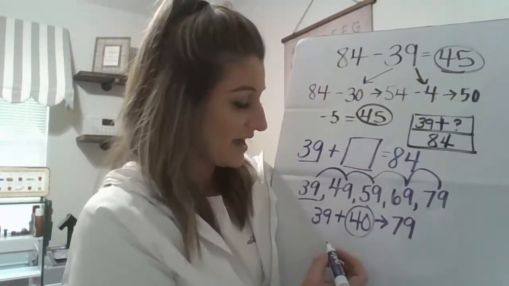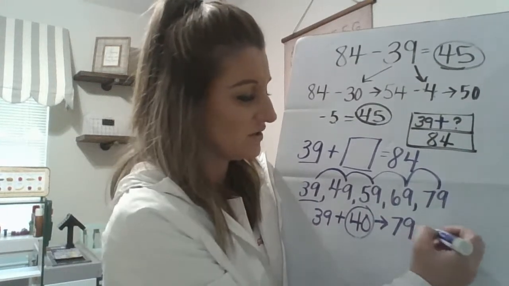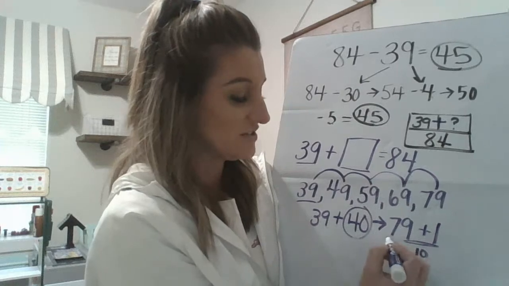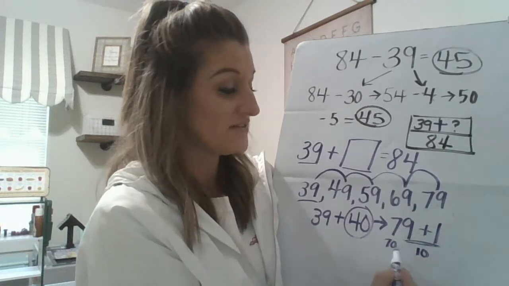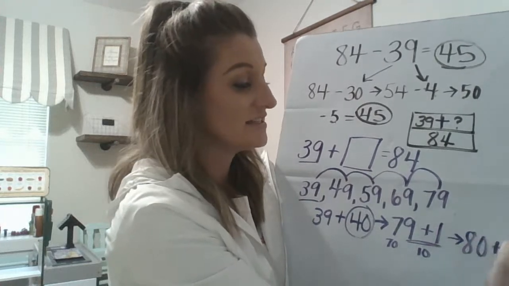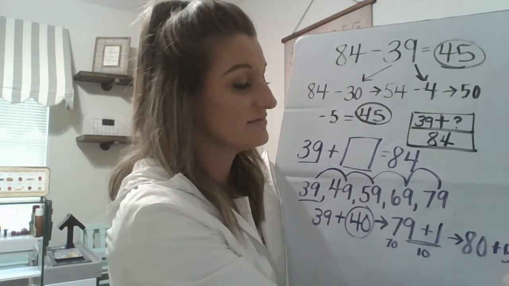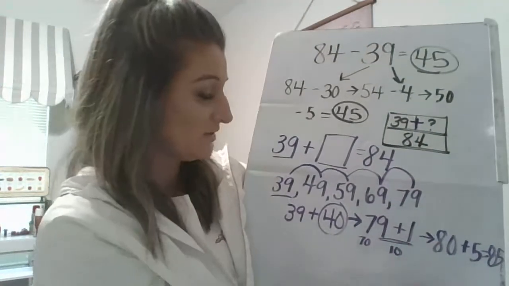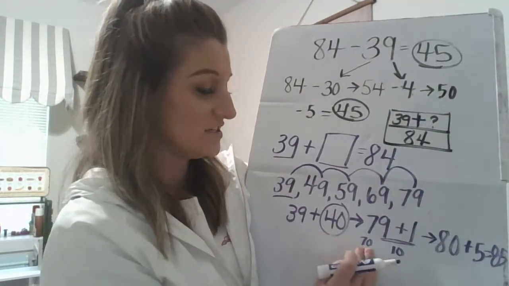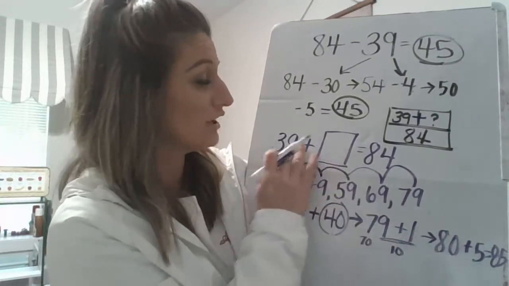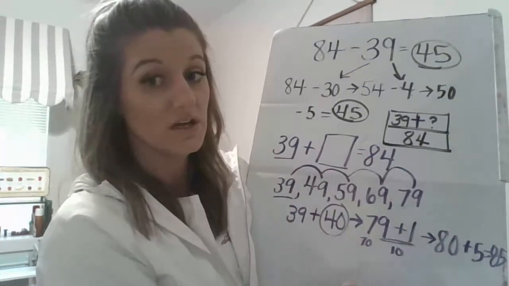If I'm at 79, I know that's only one away. Look, because 9 and 1 make 10, right? And here's 70. So if I have 70 and 10 more, that makes 80. Plus 5 more makes what, class? 85. So let's look at what we did. We added 40. What else did we do? That's what we got to. That's not what we did. Because remember, right now we're looking for the process of how to get to the total.